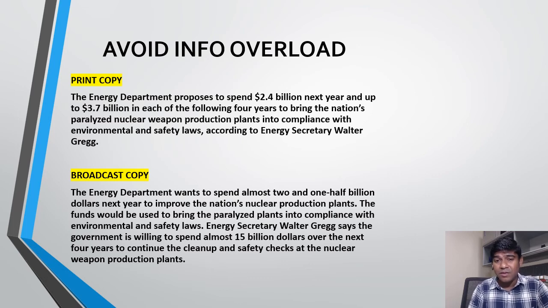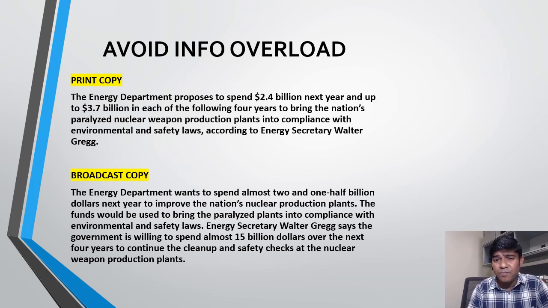So in this slide I've given an example of a particular news story which is written for both copies. For the print copy, I'll just read out the story. You'll come to know by going through it how overload of information is supplied in the print media copy and how that is loosened in a broadcast media copy.